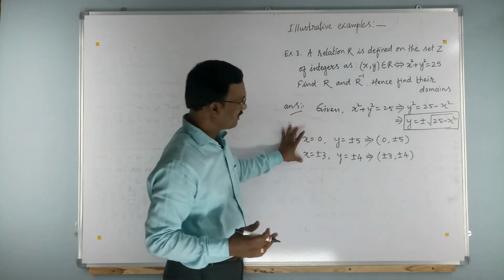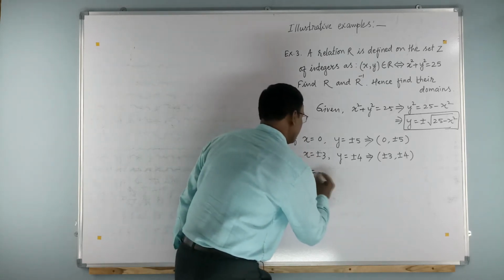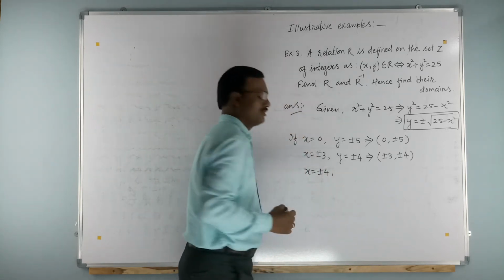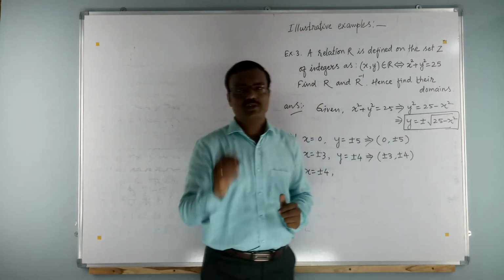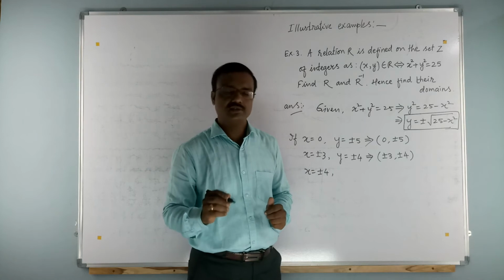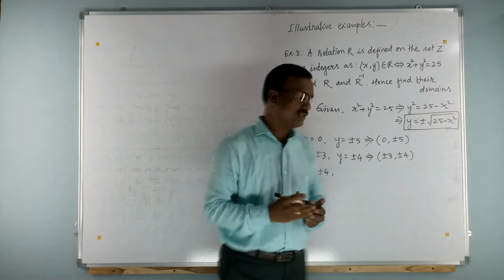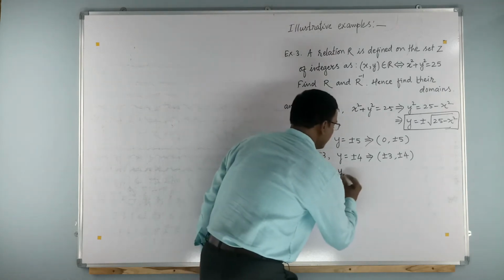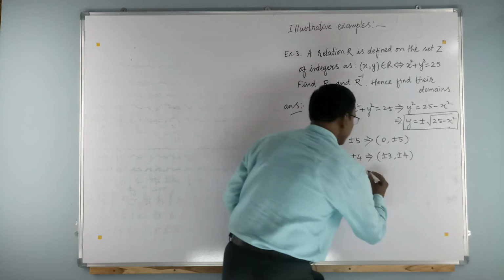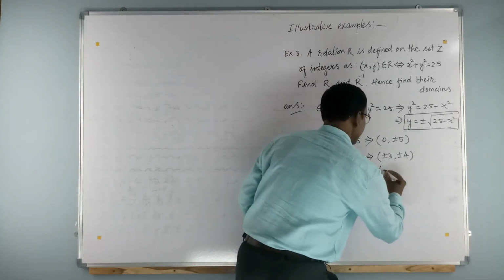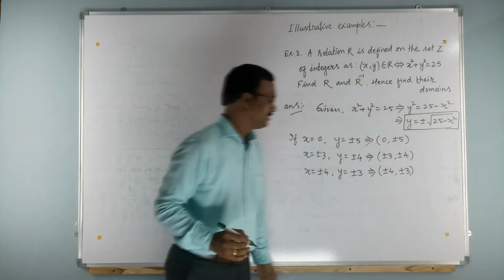So broadly we are finding the pairs. Then x is equal to plus or minus 4. So putting x equal to 4 here, 4 square is 16, 25 minus 16 is 9, again a perfect square. So root 9 is plus minus 3. So y will be plus or minus 3. This gives the pair of elements to be plus or minus 4 comma plus or minus 3.